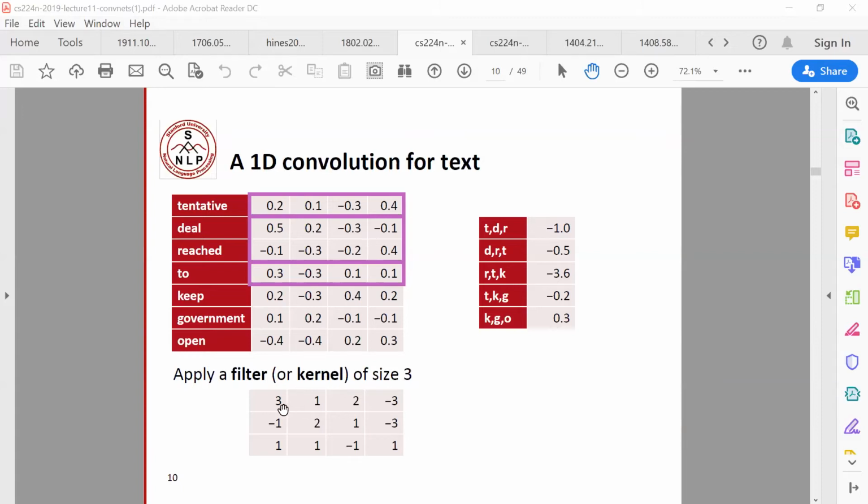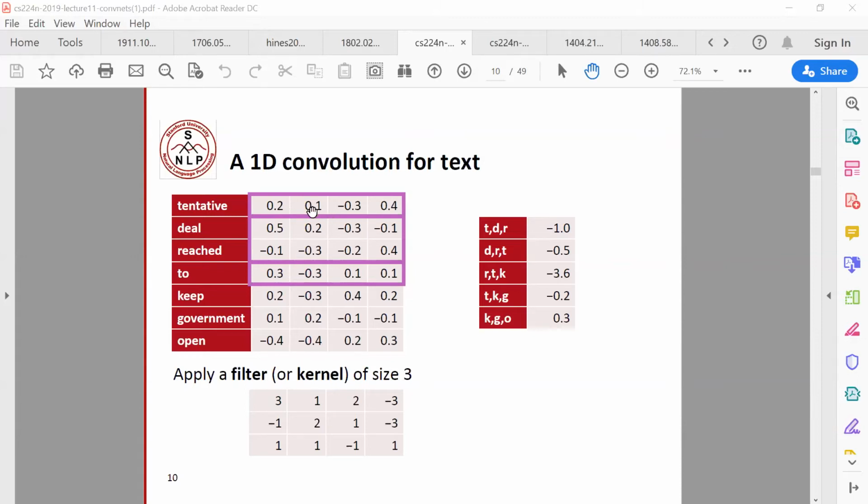Okay, so the way this would work is you would line this filter up here so that it's overlapping these elements. Then you would multiply element by element all the values in the filter with all of these values that are overlapping. So for example, the first entry would be 3 times 0.2, minus 0.5, minus 0.1, so that would be minus 0.2 from this operation.